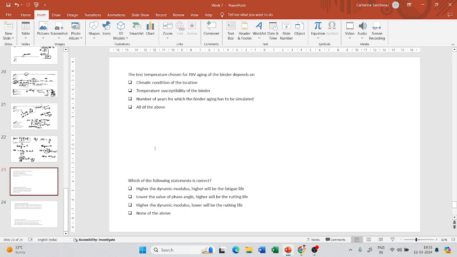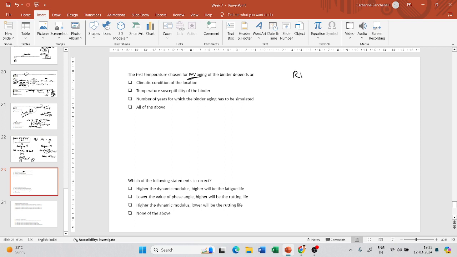The test temperature chosen for PAV aging of the bitumen depends on what? So this is pertaining to the aging simulation. Okay, we saw two kinds of aging, right? RTFO aging and PAV aging, to simulate the aging that happens in the field.